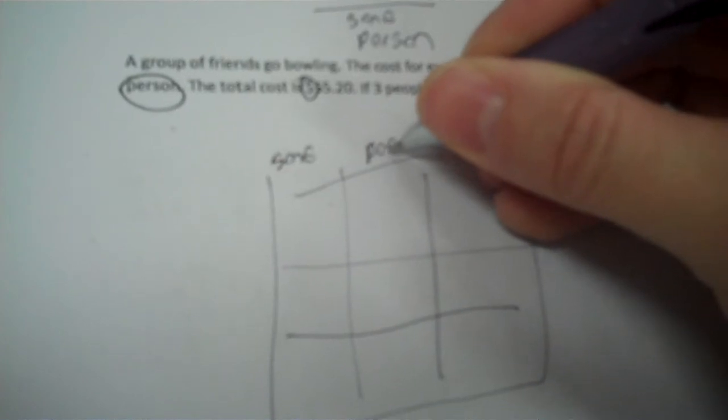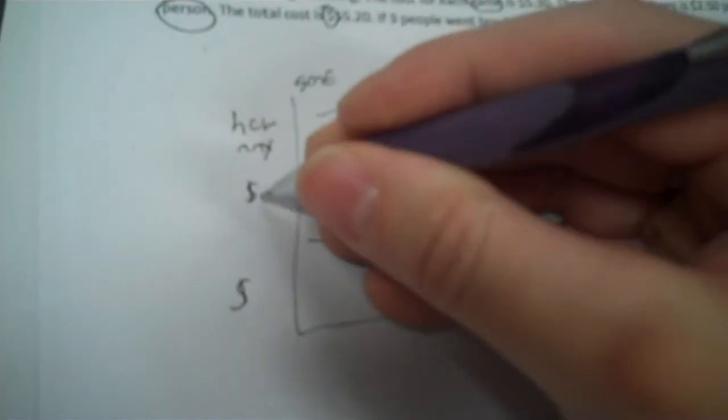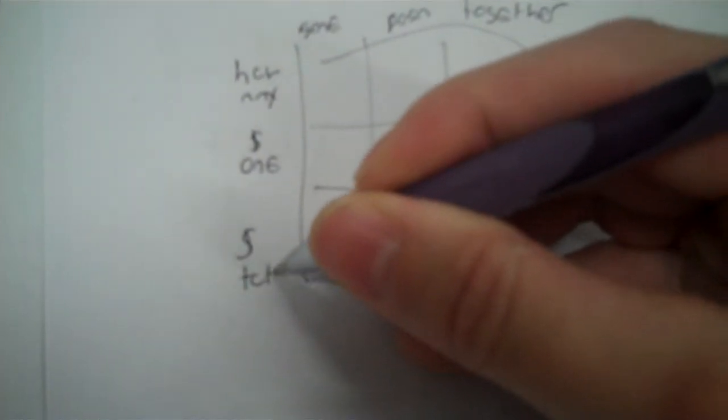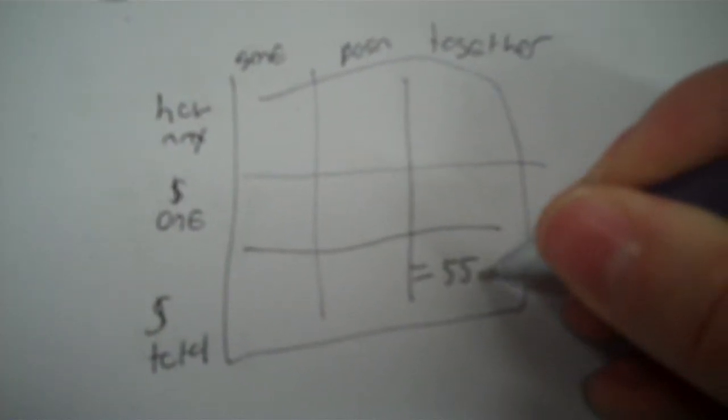Okay, so game and person, and then together. How many? And then I put my dependent unit, dollars and dollars. This is the cost for one of them, and this is the total cost. Now the total cost in the problem is $55.20. You fill that in first.